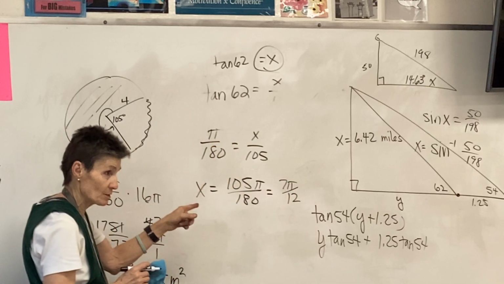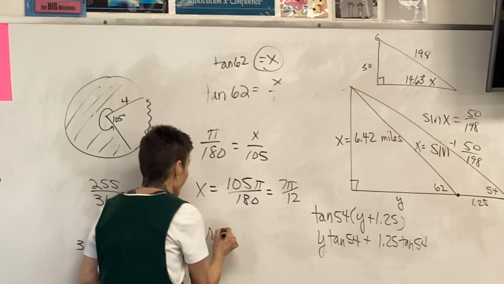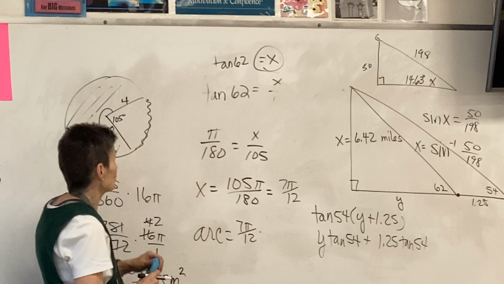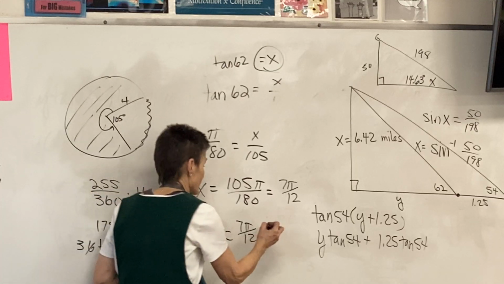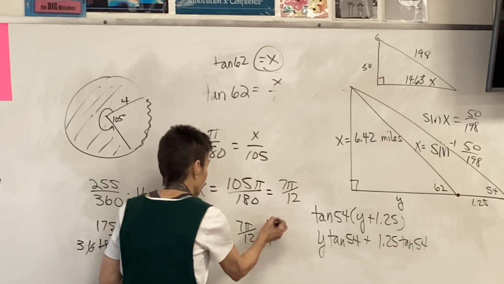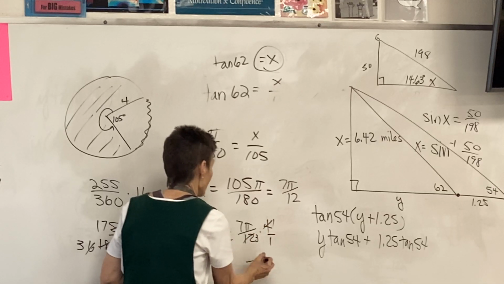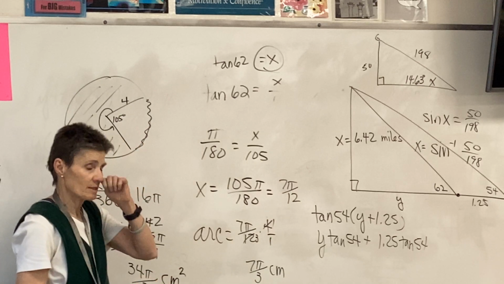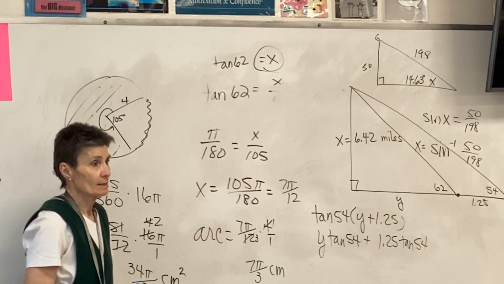That's your radian measure. So your arc length will be that number times your radius, which is 4. I got 7 pi over 3 centimeters for my arc length. Radius times radians.